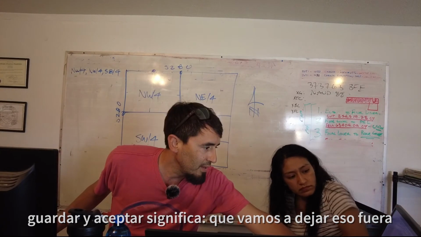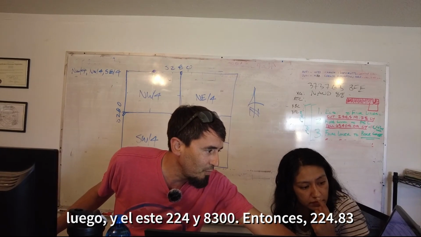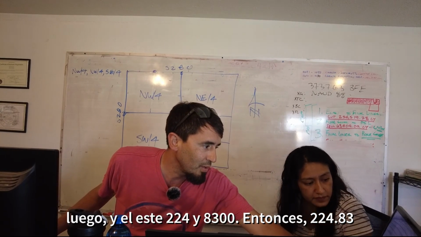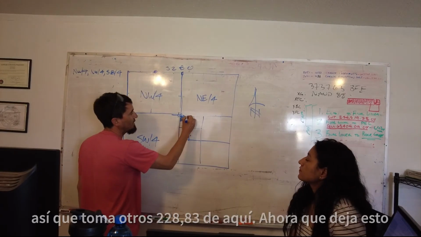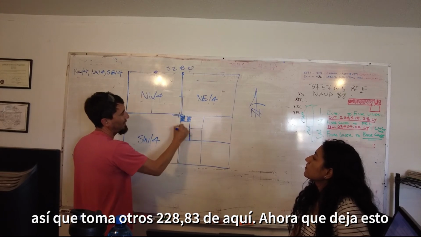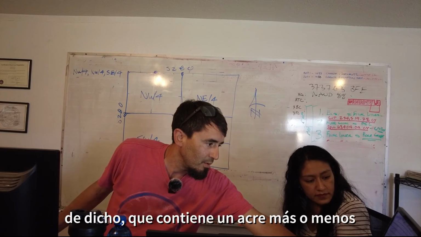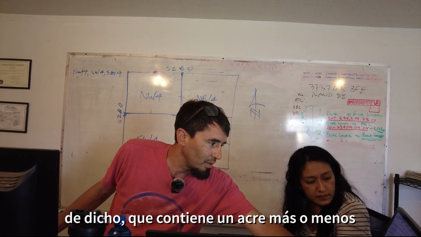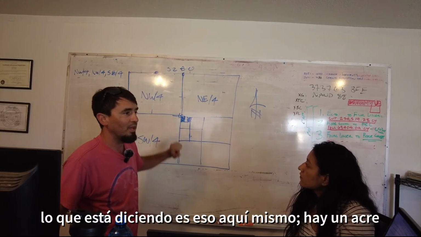Then the east 224.83, so take another 224.83 off from here. Now that leaves this, right? Of said north 250 containing 1 acre more or less. So what he's saying is right here, there's an acre.